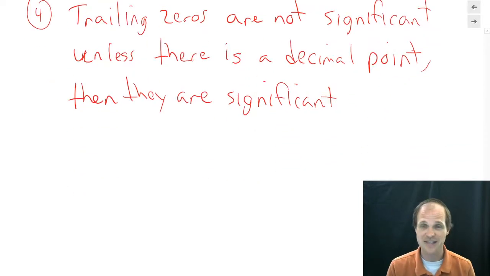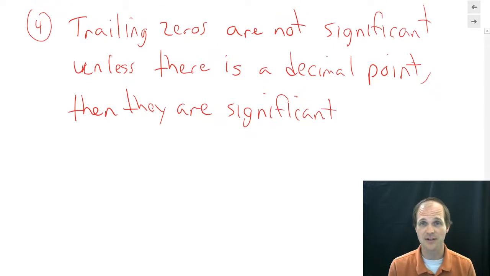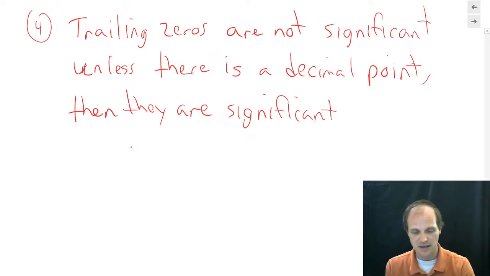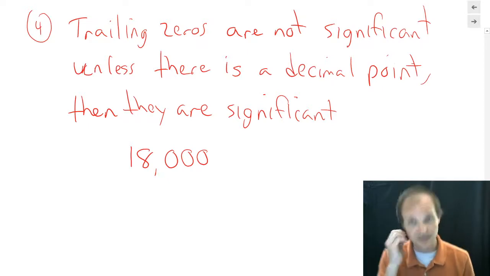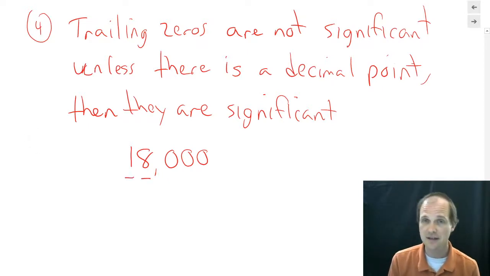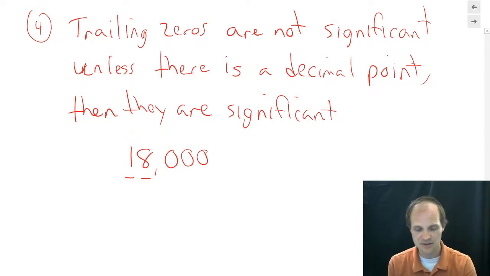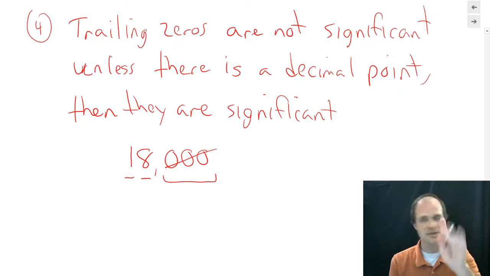So let's do a couple examples because examples are usually the best way of clarifying rules. 18,000. When we write the number 18,000, we know that the 1 and the 8 are significant because they are non-zero numbers. What about the zeros? Well, the zeros here are trailing zeros, so they are not significant. Important, absolutely important.